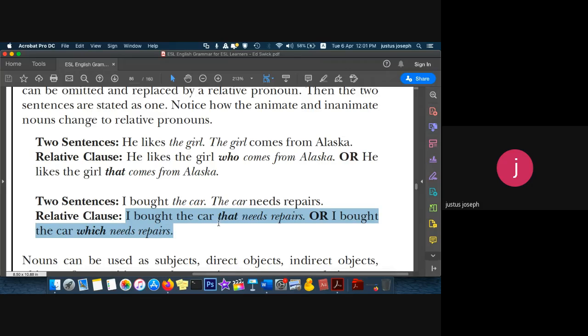The first sentence car, this one. This means that the car is not in a very good condition. That's why we are using this essential clause, that please understand, not just that we bought the car, but it also needs a lot of repair.